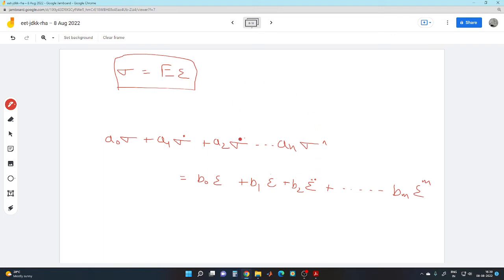So what we want to say here is, if we have a linear elastic solid, then A naught is 1 and B naught is E, and all the rest of the Ai and Bi are equal to 0.